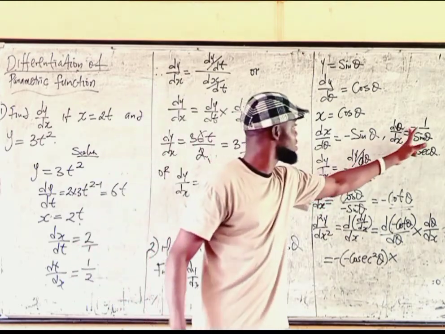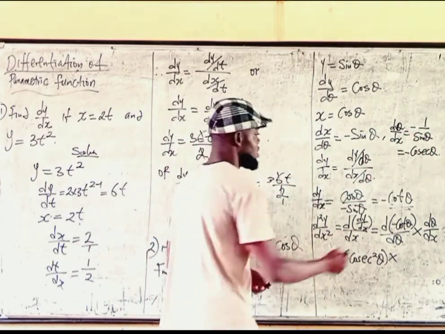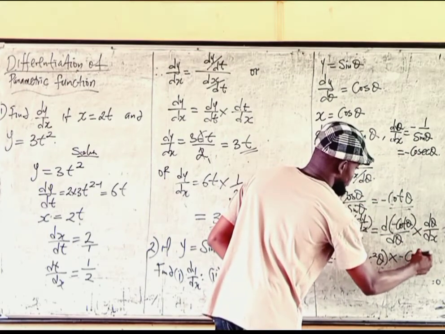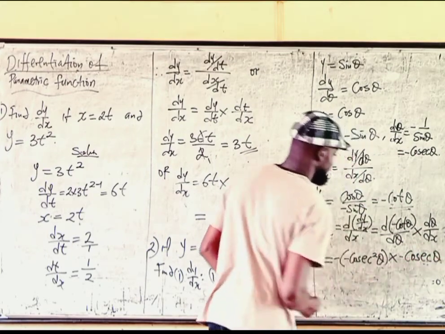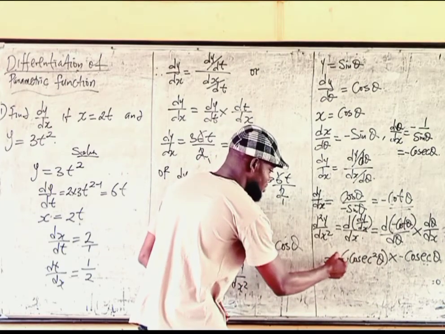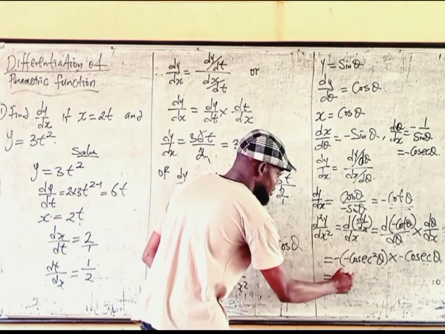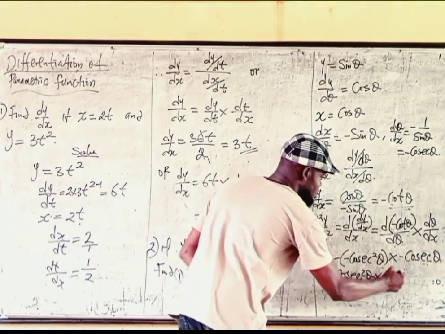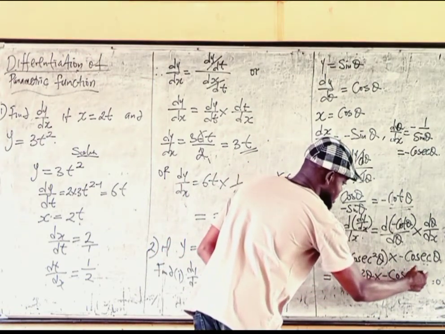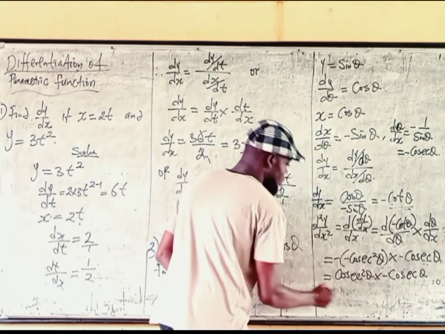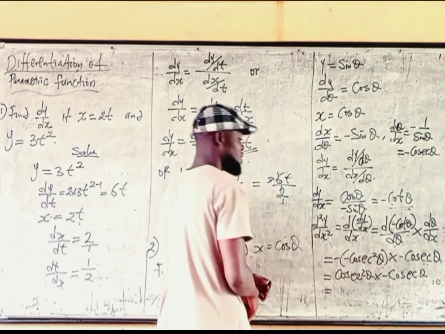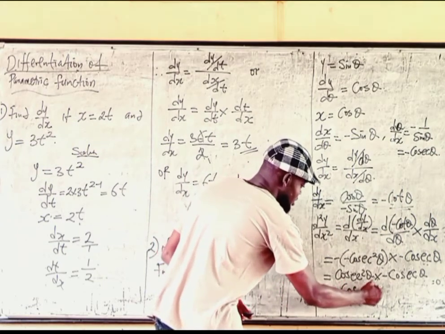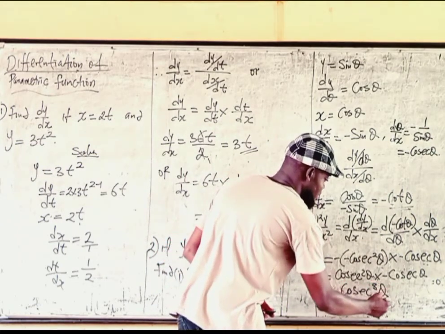So d theta over dx will be minus cosec theta. So what are we having? Minus times minus will be plus. That will be cosec square theta times minus cosec theta, which is cosec cube theta.